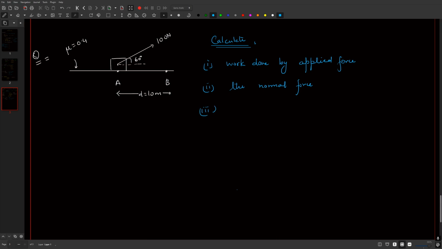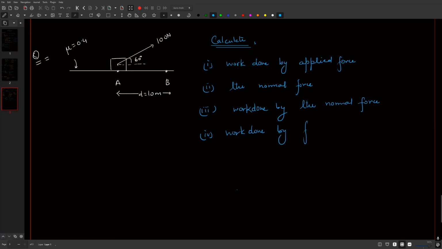Then the next part is calculate work done by the normal force. Then the fourth part is calculate work done by friction. And then finally the total work done.